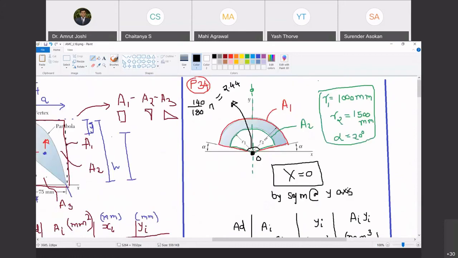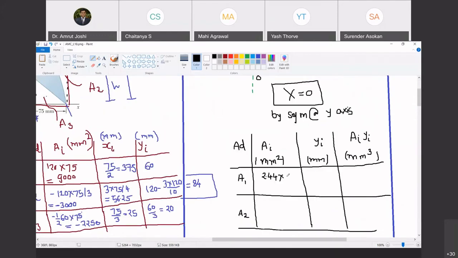R square means radius of the bigger circle, R2, so 1500 square. Tell me how much is that? So 549, followed by 4 zeros.